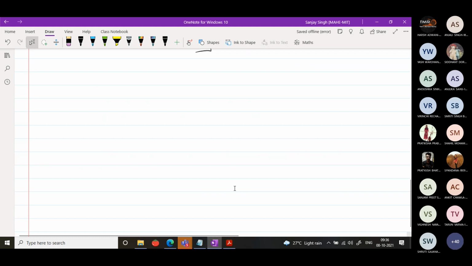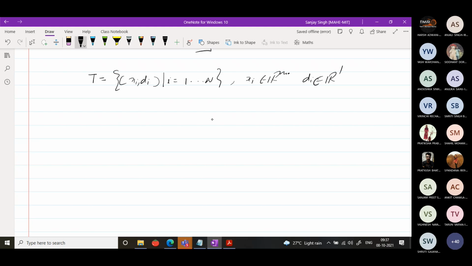Let's say my training data is of the form xi, di, such that i varies from 1 to n, where each xi is m dimensional and each di is one dimensional.